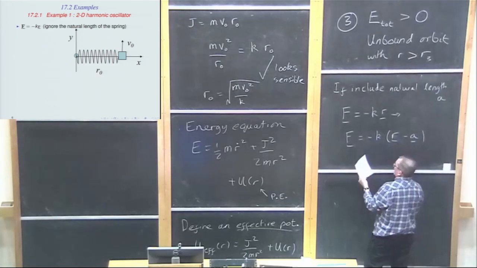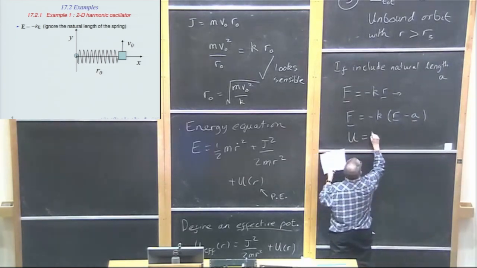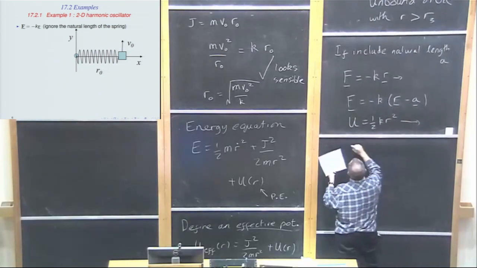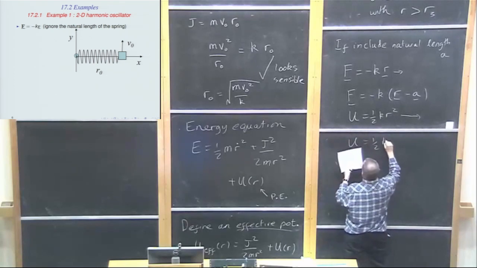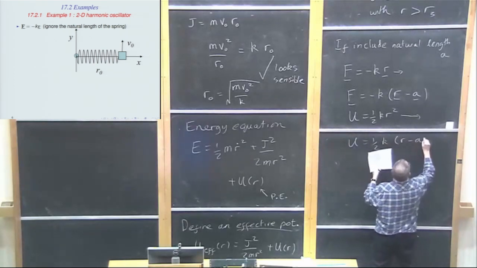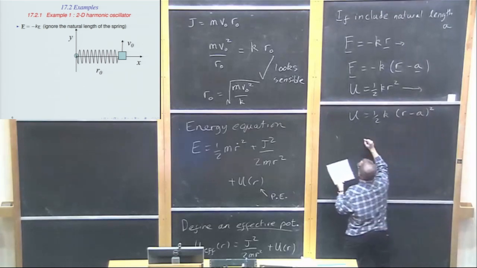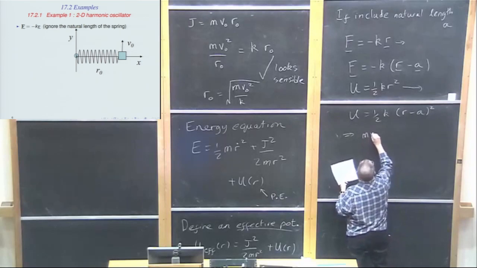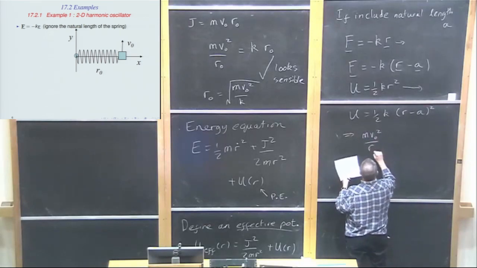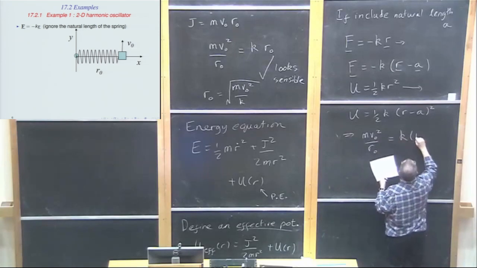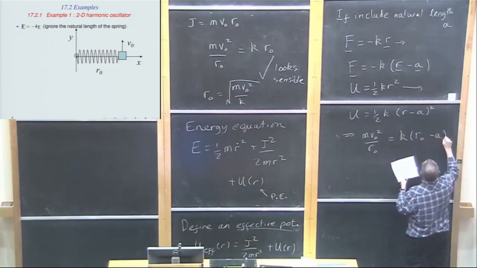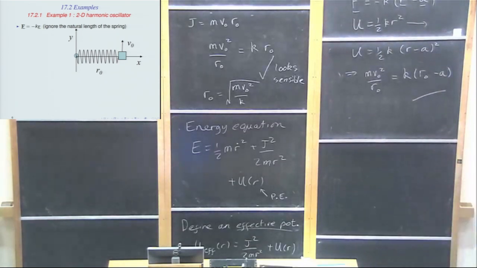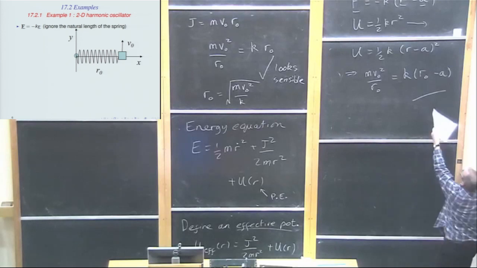And the potential energy, rather than being a half k r squared, will go to a half k (r minus A) squared. Eventually this same analysis will lead you to an expression where m v0 squared over r0 is equal to k (r0 minus A). It's just a straightforward generalization of what we've just done, allowing for this offset.